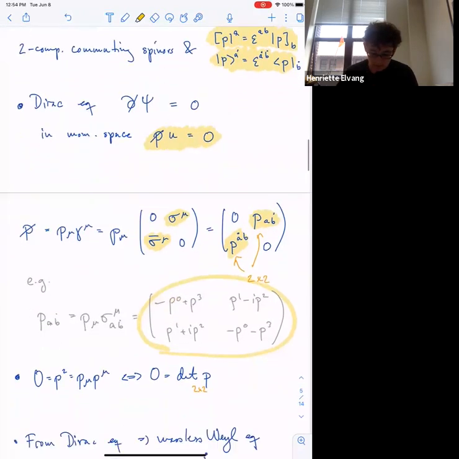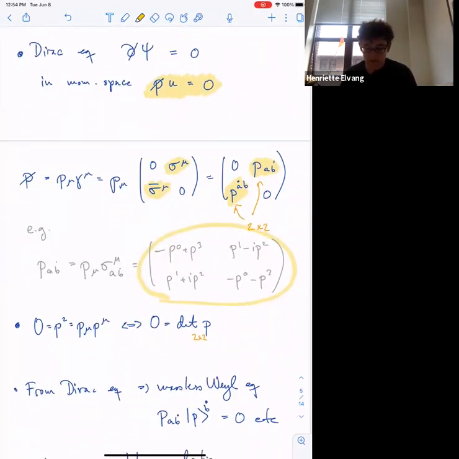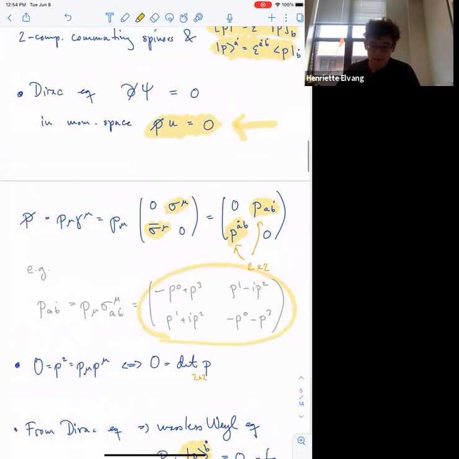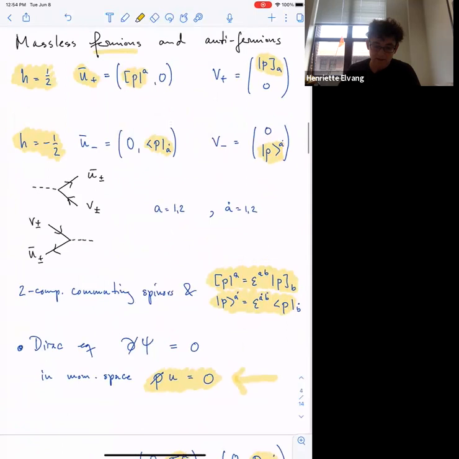Okay, so what? If it has determinant 0, but it's not a vanishing 2x2 matrix, it must have rank 1 instead of rank 2. In particular, that means that it has a null vector. What are those null vectors? Those null vectors are exactly the angle and square spinors. How do we see that? Well, going back up to our Dirac equation, P slash acting on U has to give 0, but our U's and our V's are given in terms of P angles and P squares.